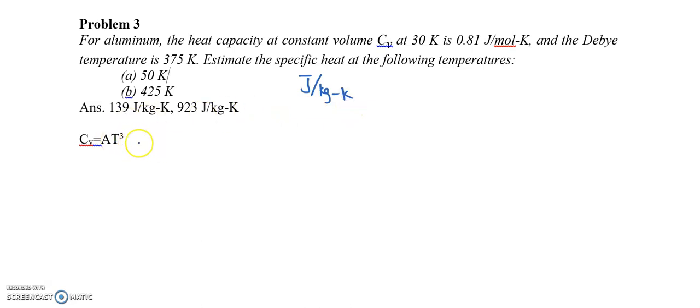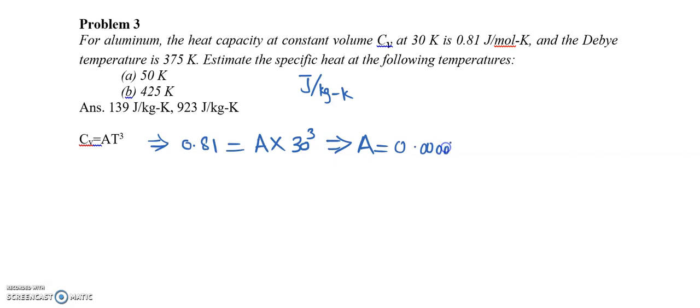In this case we have this equation for the heat capacity related with the temperature, and A is the proportionality constant. The heat capacity given is 0.81 joule per mole Kelvin, and the temperature is 30 Kelvin. From here the value of A will be 0.00003 joule per mole K to the power 4.